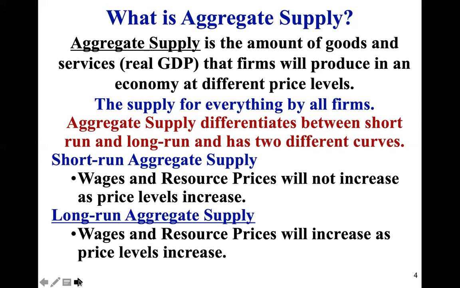However, in the long run, we're going to assume that wages and resource prices will increase as price level increases. Okay, so in other words, the short run aggregate supply period is the fixed wage period, whereas the long run aggregate supply period is the variable wage period.